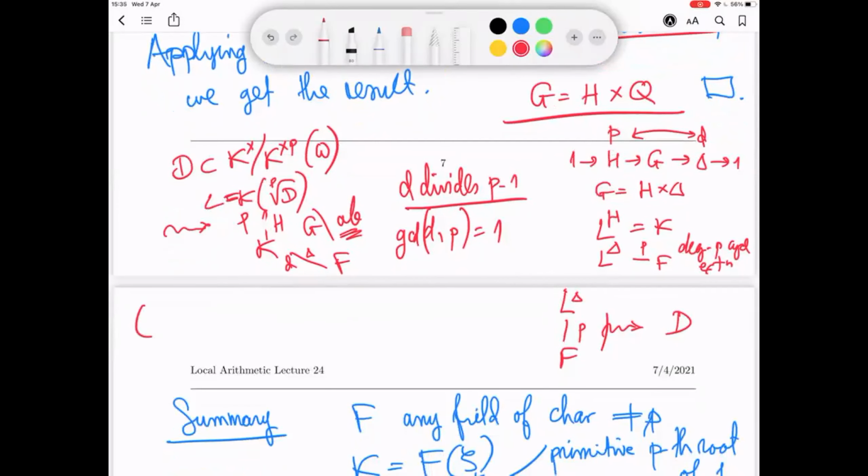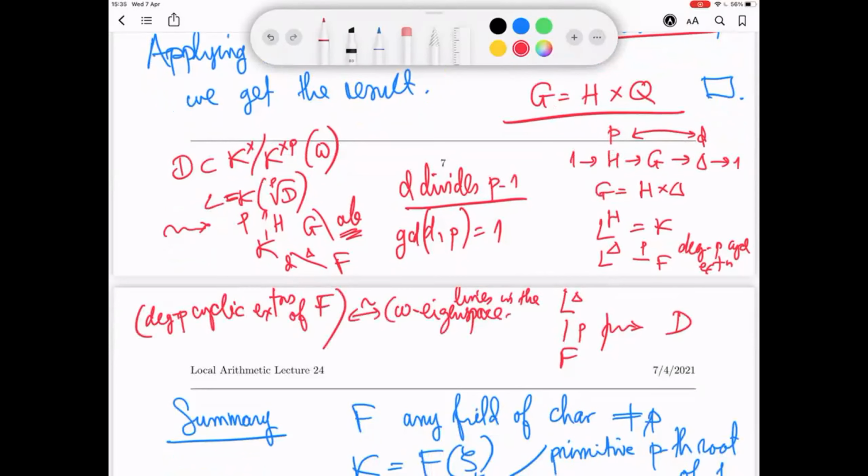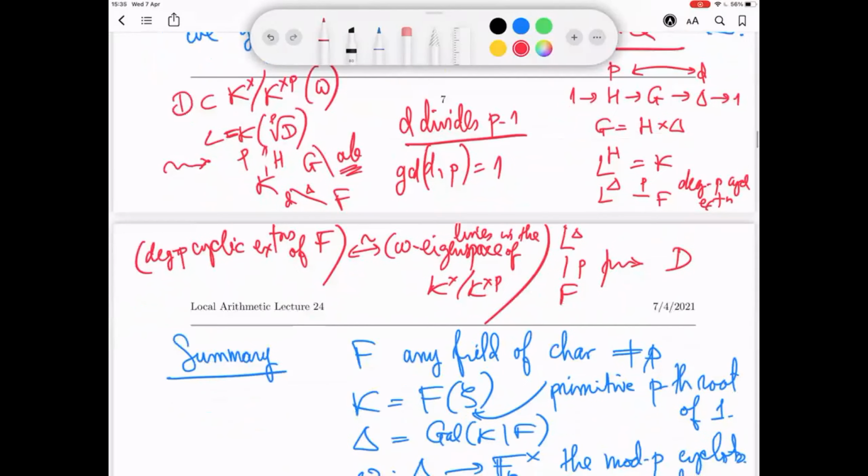In other words, we have shown that degree P cyclic extensions of F are in bijection with the FP lines in the omega eigenspace of K star modulo K star to the power P. This is what we have proved.